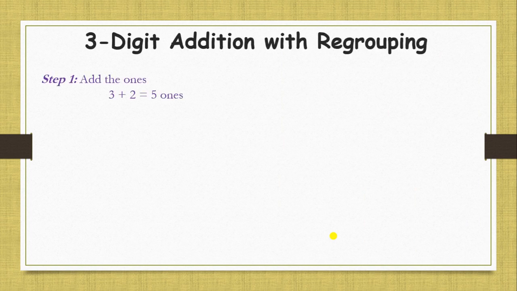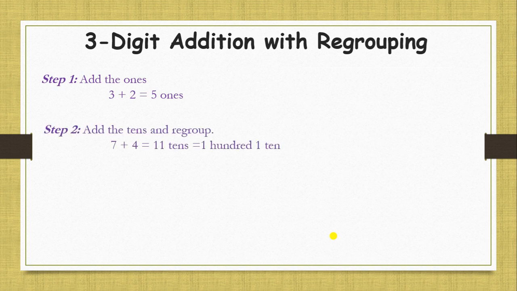Step 1, add the ones, that is 3 plus 2 equals 5 ones. Step 2, add the tens and regroup, that is 7 plus 4 equals 11. In this 11, this one indicates 100 and this one indicates 10.